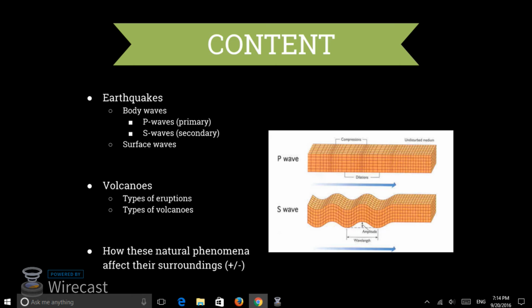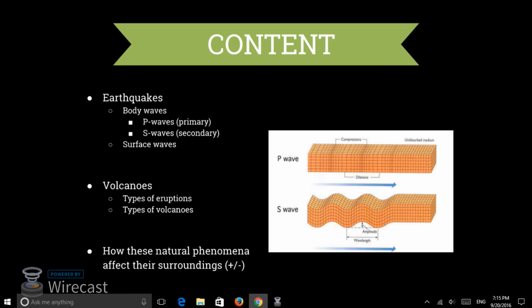S waves move rock particles up and down or side to side, perpendicular to the direction that the wave is traveling in, the direction of wave propagation. And surface waves only travel through the crust.